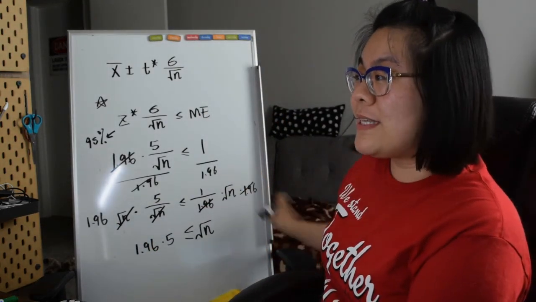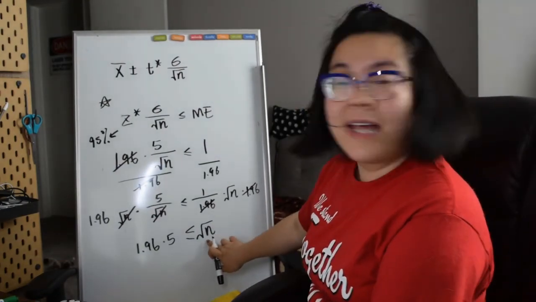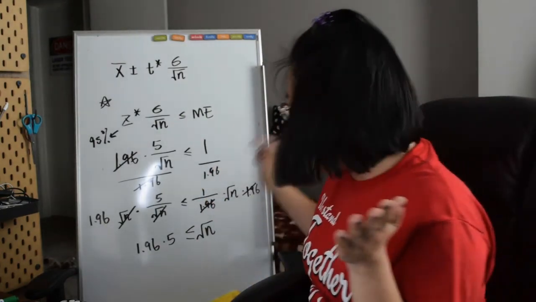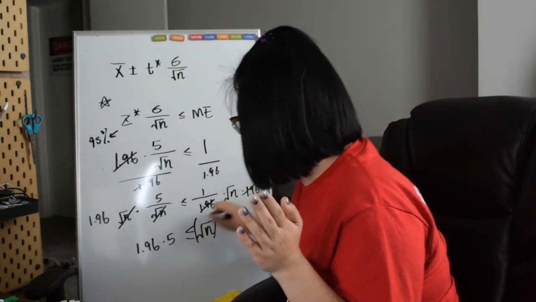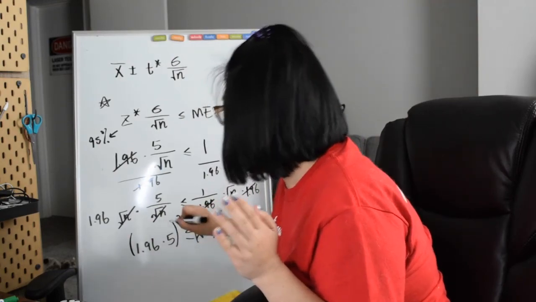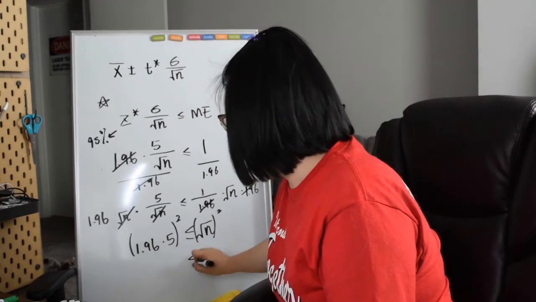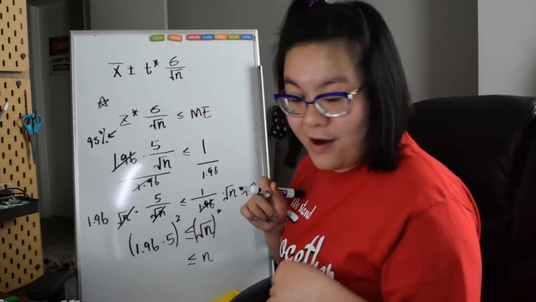We want to see what n is. Since n has to be a positive number, over here we can just go ahead and square both sides. So you have 1.96 times 5, squared. So go ahead, get that number on the calculator.